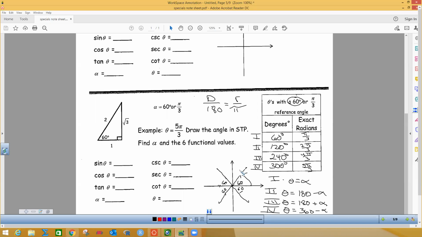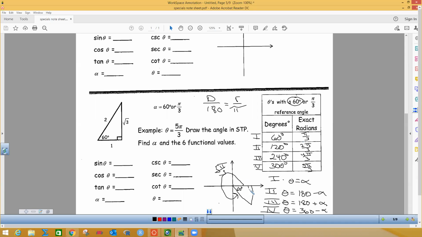And then we were supposed to make this angle in the 5 pi thirds, which is over here. So again, this is my 60-degree angle, or you might put 5 pi thirds would be this one, or 300. That's your 5 pi thirds going this way, or 300. So that's 60, or you could make it pi thirds, same thing.